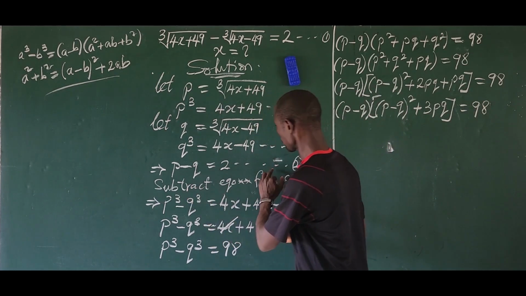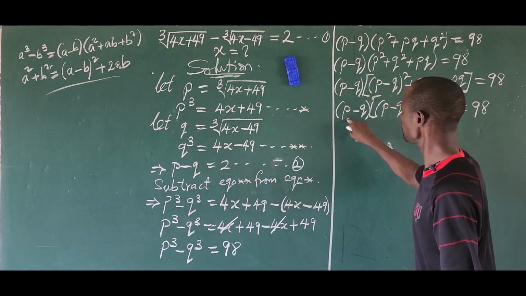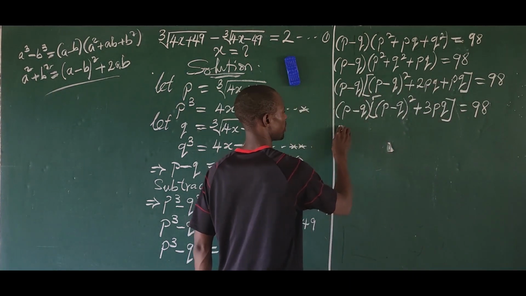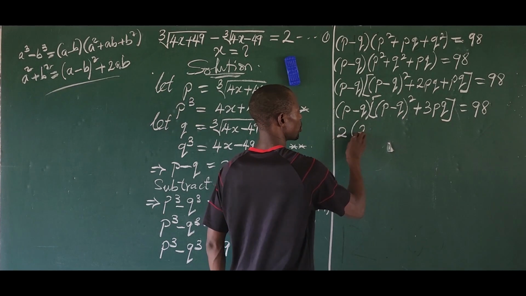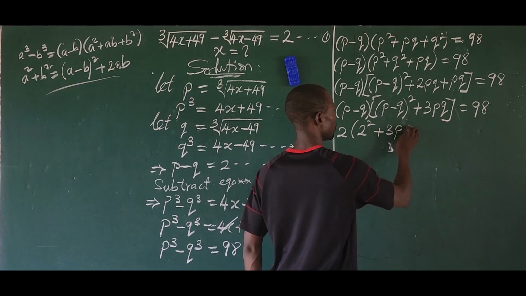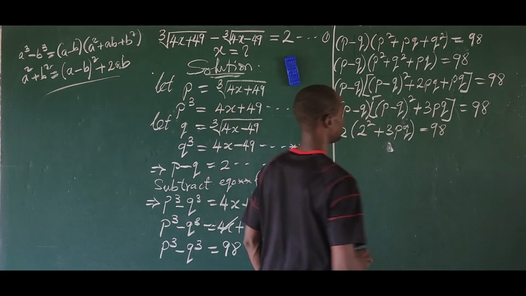From equation 2, we can put in 2 in place of P minus Q here and here. If we do that, this gives us 2 into [2 to the power of 2 plus 3PQ], close bracket, equal to 98.